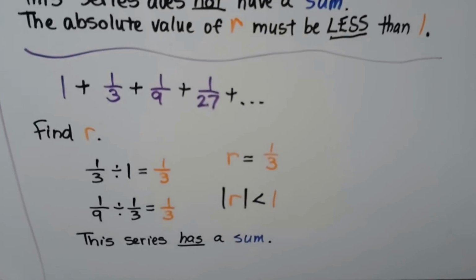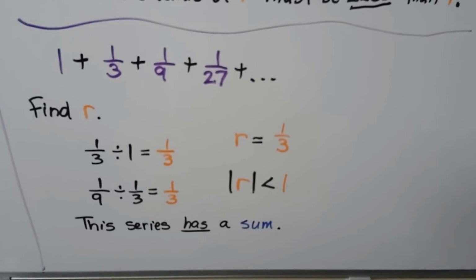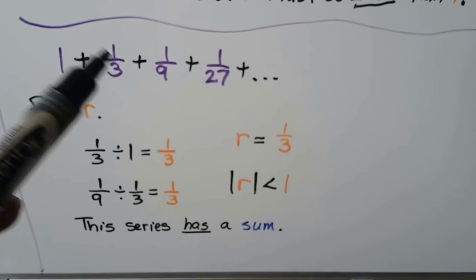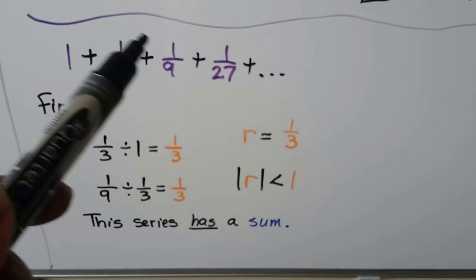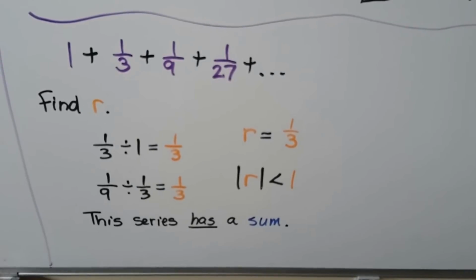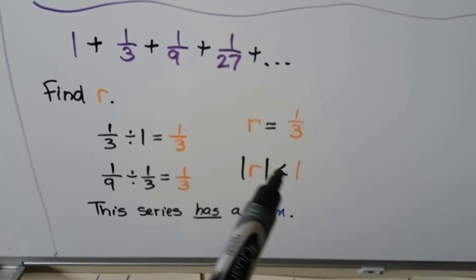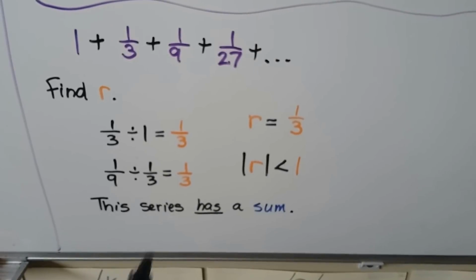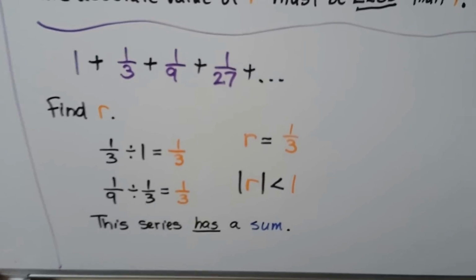Take a look at this one. We have 1 plus a third plus a ninth plus a 27th, etc. We find r, 1/3 divided by 1 is 1/3. 1/9 divided by 1/3 is 1/3. So r is 1/3. The absolute value of r is less than 1, so this series has a sum. Okay? It's pretty easy, really.